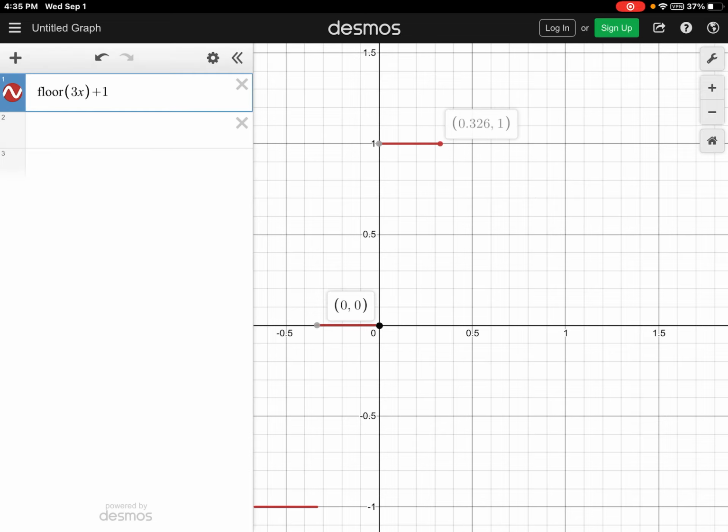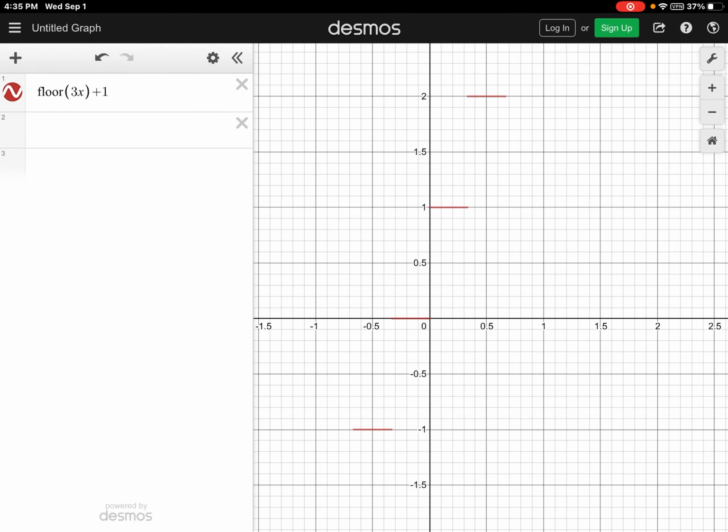But at the 1/3, comma, 2, this guy right here should be undefined, okay? So this is how you basically graph using Desmos. You enter the floor function and just realize each point here on the right should be undefined, but they're not. So just something to be aware of, but that's how you graph the greatest integer function by hand.